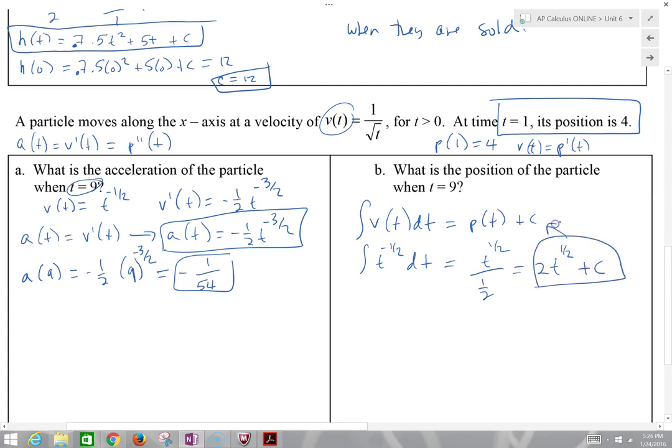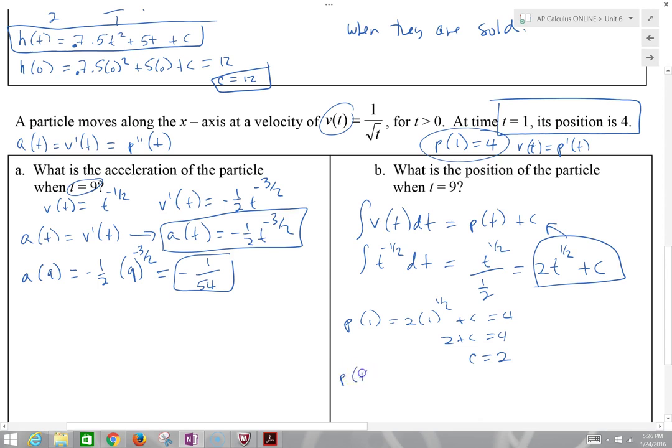This is our position. But we do know something about the position. We know p of 1 is equal to 4. So p of 1 is equal to 2 times 1 to the 1/2 plus c. That's equal to 4. So we get 2 plus c equals 4, which means c equals 2.